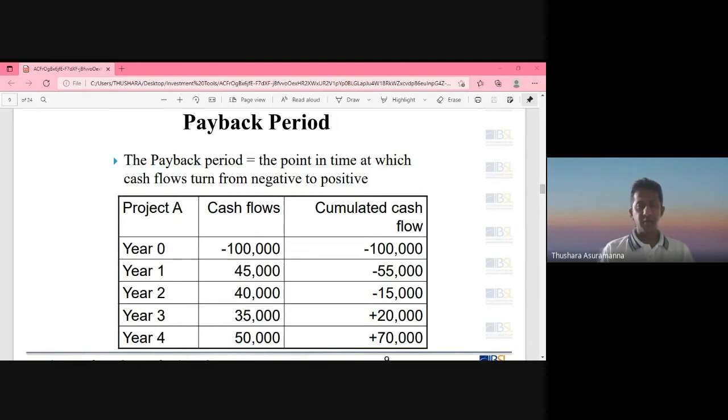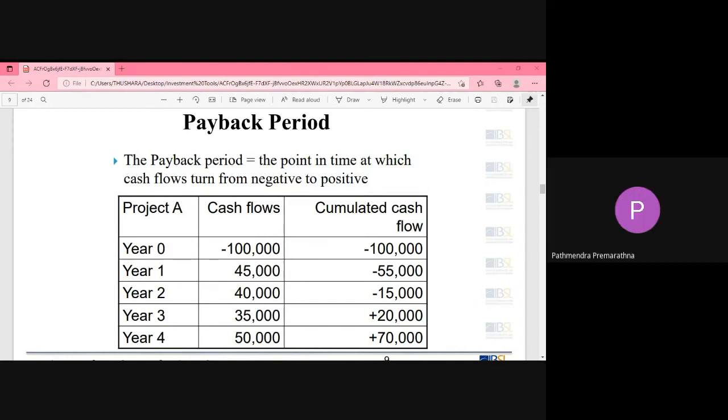Udita, any question from your end? Okay. What is then the payback period? That is the point where cash flows turn from negative to positive. So where do you find that point? Is it in year 2 or year 3?